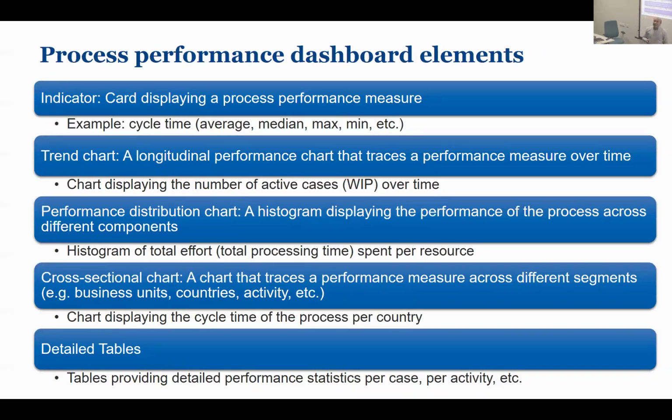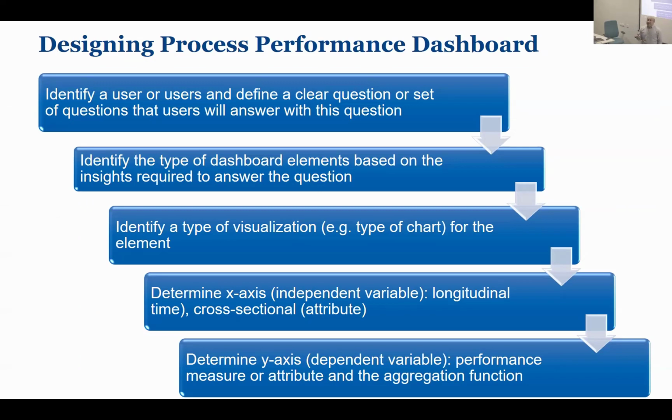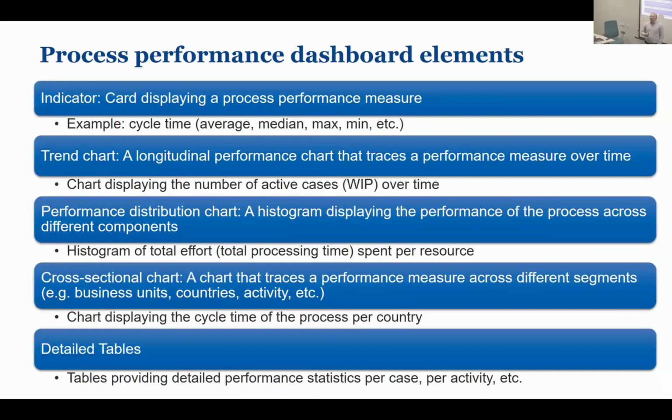As I mentioned, one of the key steps is step number 2, which is mapping the question you have to a type of dashboard element you want to display to answer that question. In that respect, typical process performance dashboarding tools will provide different types of elements.